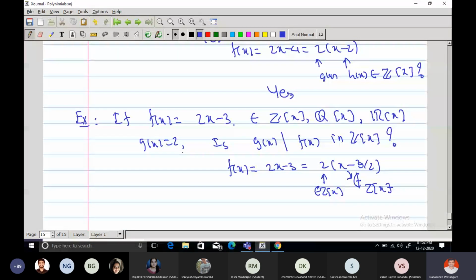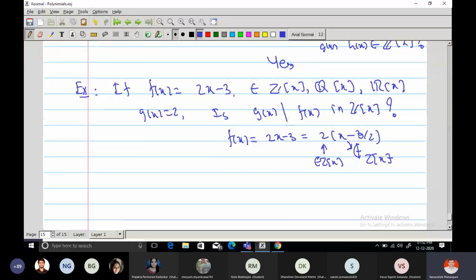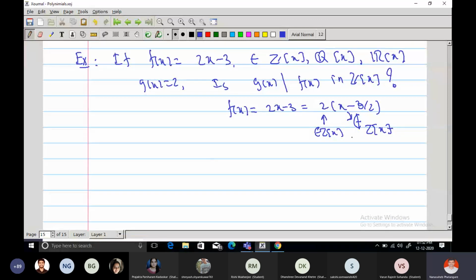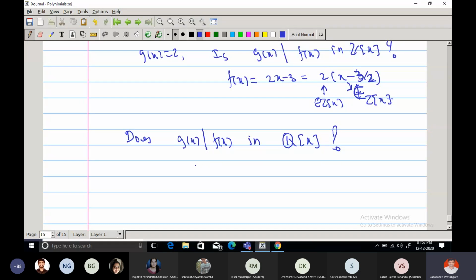Do you understand the difference now? The second factor is not in Z[x] because its coefficients are not integers. Now, does g(x) divide f(x) in Q[x]? Yes, because f(x) I can always write as 2x minus 3, which is 2 times (x minus 3/2).